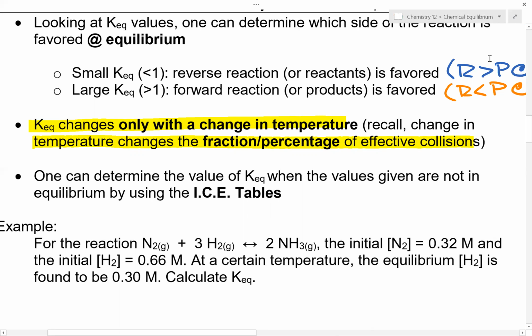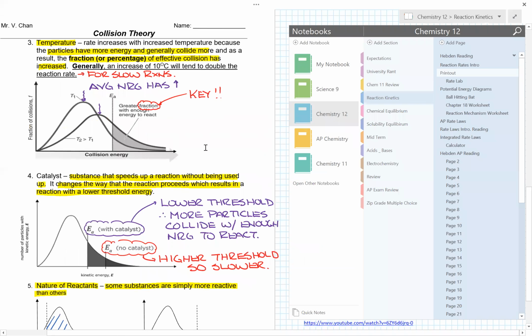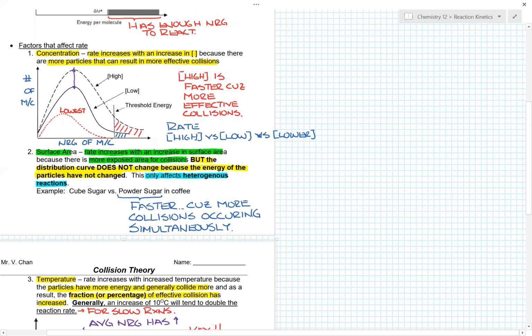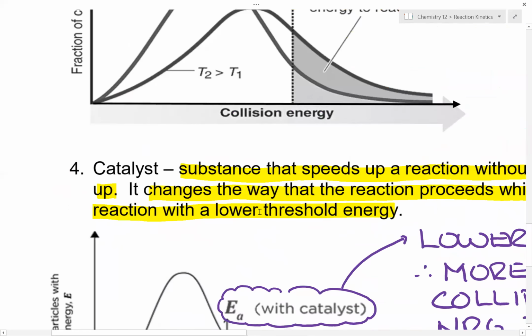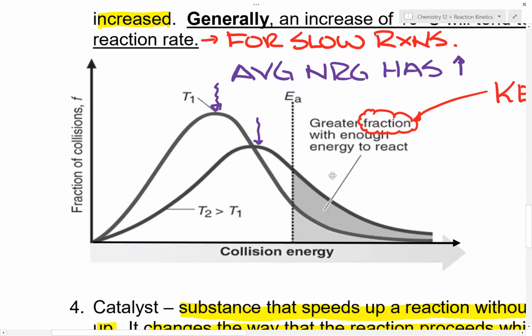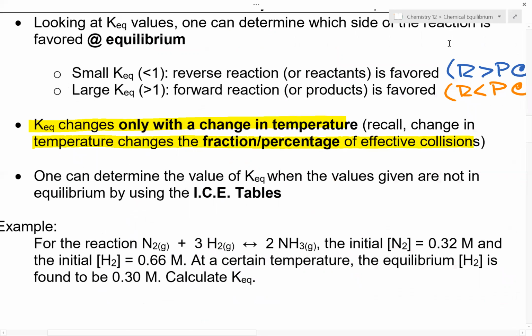Now, going back to reaction kinetics, you might say, well, why not concentration, Mr. Chan? Because recall, with a higher concentration, you have more effective collisions, but you also have more ineffective collisions. Remember, temperature is the only thing that will change the fraction of effective collisions.